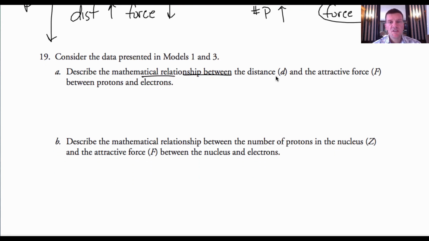Describe the mathematical relationship between the distance and the attractive force between protons and electrons. So basically, the force and the distance are inversely related. Okay?